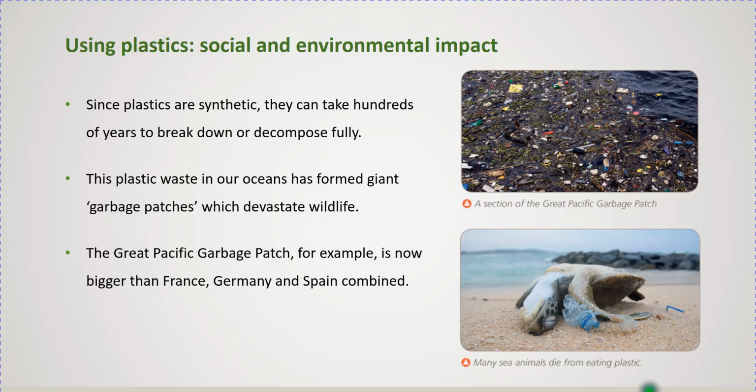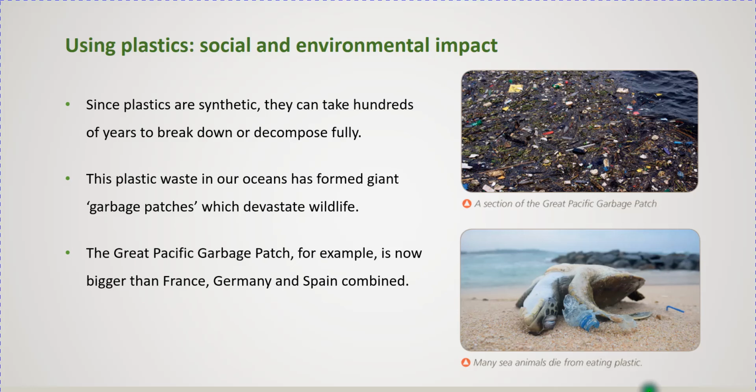So in the picture here you're shown the Great Pacific Garbage Patch, which is a large section in the Pacific Ocean that is made up of waste plastic materials. Now, the size of this is now bigger than France, Germany and Spain all combined. So the land mass of those three countries combined, that's how much space it's taken up.